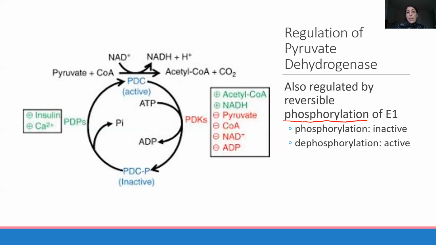Very simply, there will be a portion of the enzyme that can have a phosphate added to it or removed from it. Usually it's an alcohol group. And depending on if that phosphate is there or not there, it can turn on or off a whole enzyme. This type of regulation is extremely common in many of the pathways that our body utilizes.